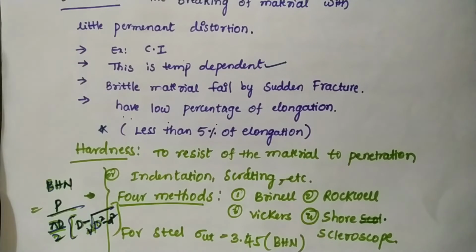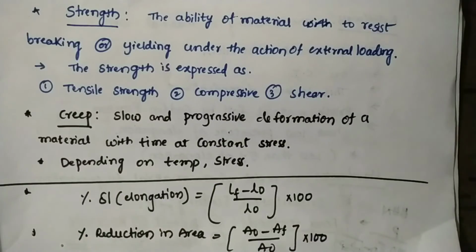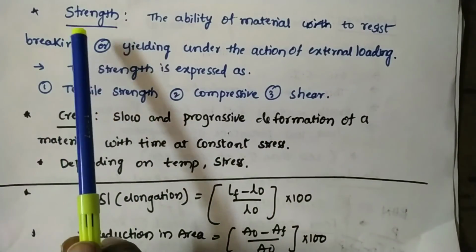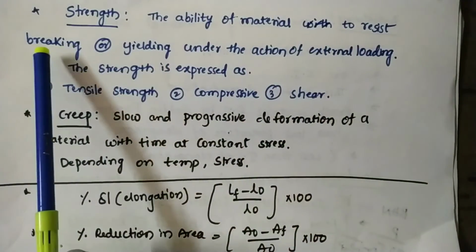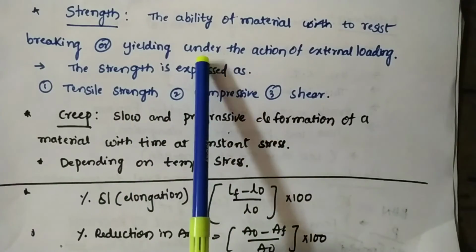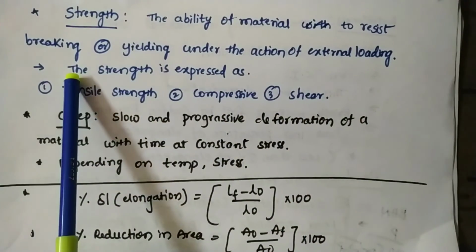The next property is strength. Strength means the ability of a material to resist breaking or yielding under the action of external loading.